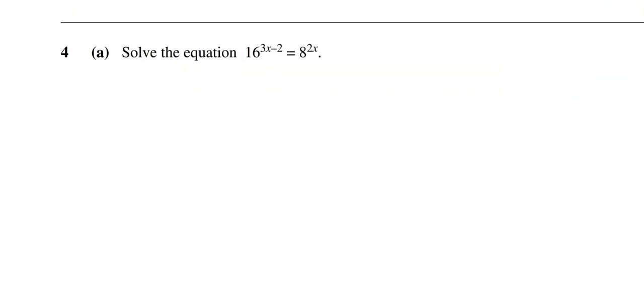Here they're asking us to solve this equation, and in every such equation you will find there is something common between these bases 16 and 8. This 16 can be expressed as an exponent of 2: 2 to the power 4 is 16, and so the power will be 3x minus 2. 8 can be written as 2 cube and its exponent is 2x.